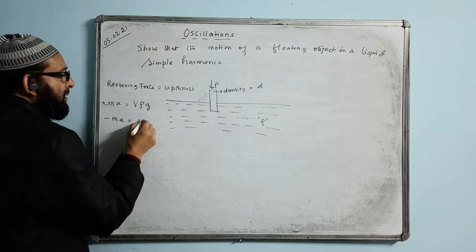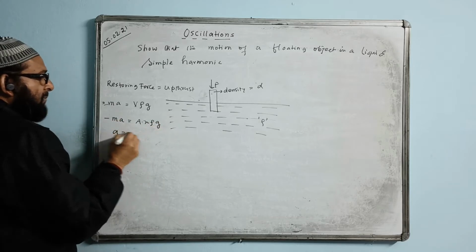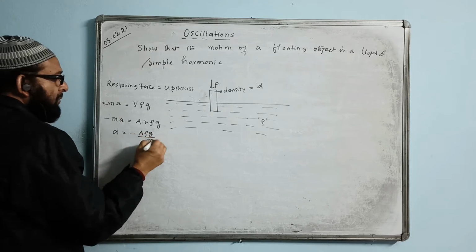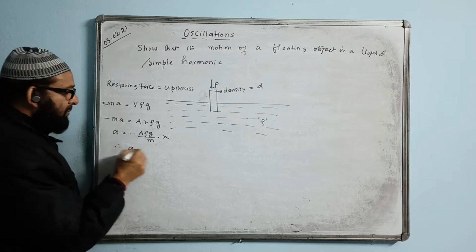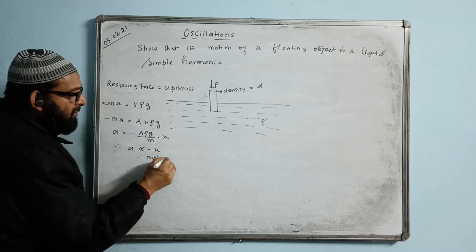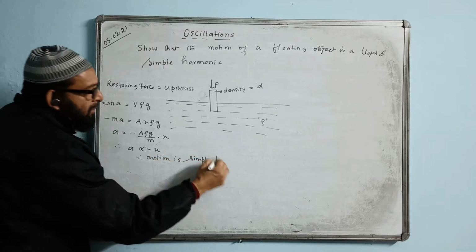We are displacing it by a distance x, rho g we write here. So make A the subject, this will become minus A rho g by m into x. Therefore A is proportional to minus x. Therefore motion is simple harmonic, or oscillation is simple harmonic.